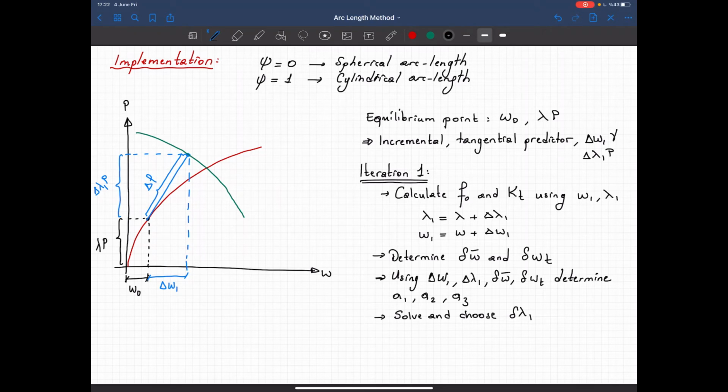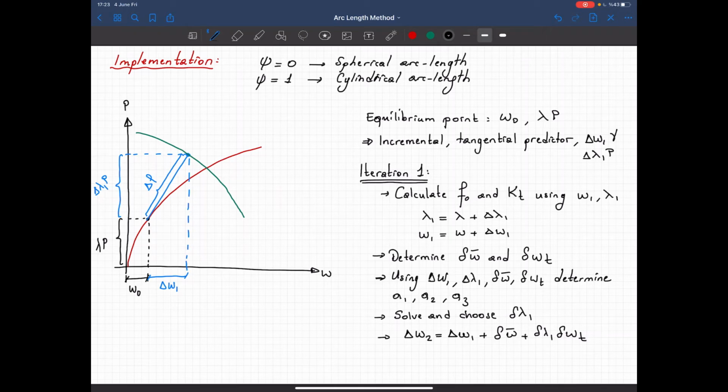Once you do that, you can determine this delta W2, which is equal to delta W1 plus the residual displacement due to the residual forces plus the iterative displacement multiplied by Vt.